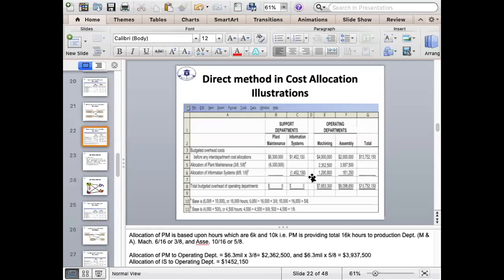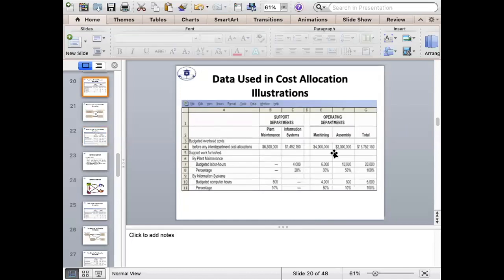What is the base to allocate this number? So we look at here. So the base is 4,500, which means information system providing 4,000 hours to machining department as a service and 500 hours to assembly department as a service.